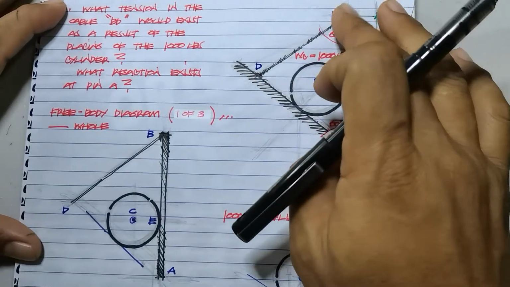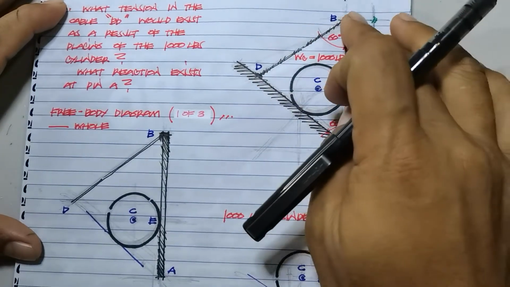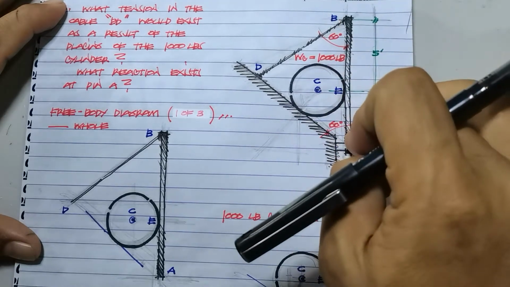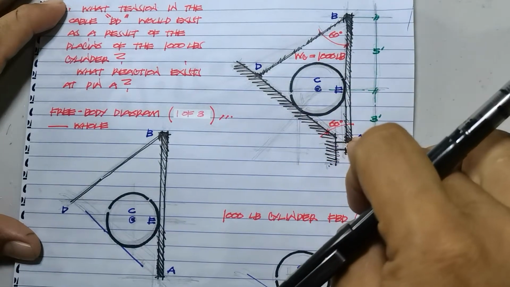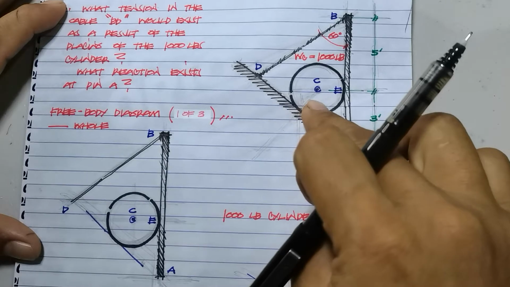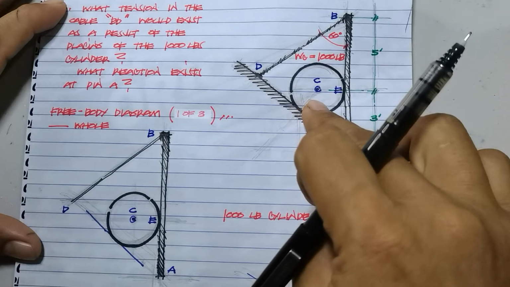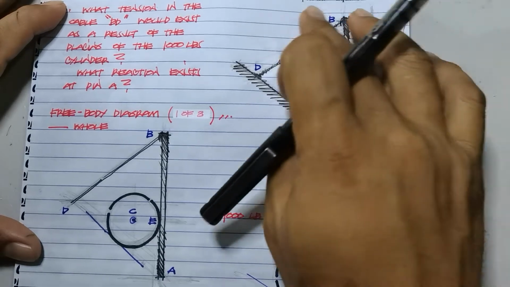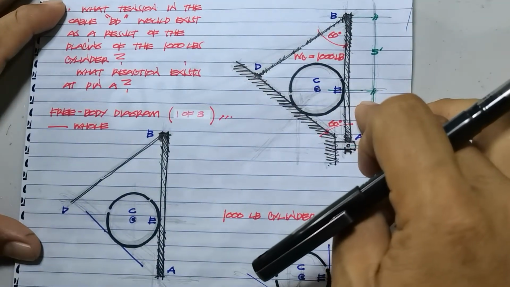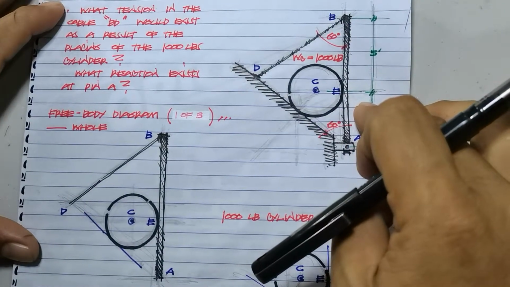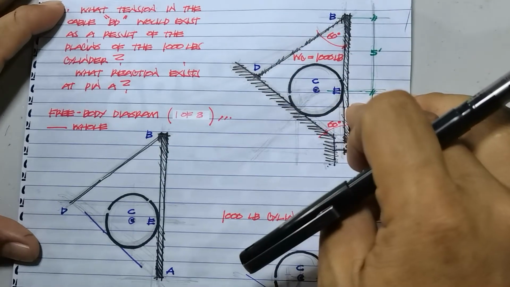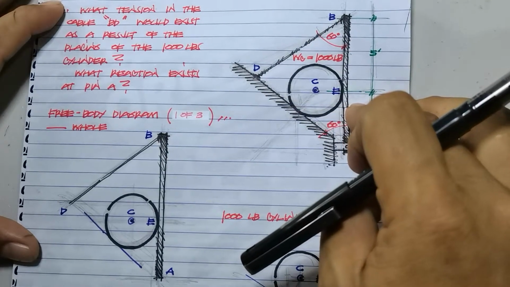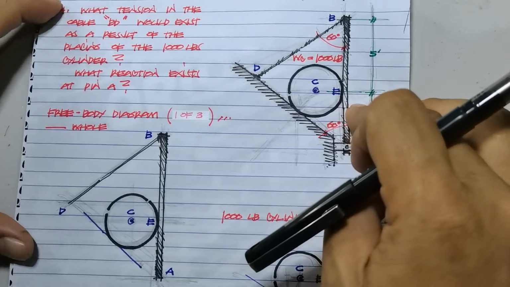We can make a separate free body diagram for the cable BD and the bar AB. The 1,000-pound cylinder can also have another free body diagram. And last, as a whole, we can make a free body diagram for the whole configuration. So all in all, we will be making use of 3 free body diagrams.